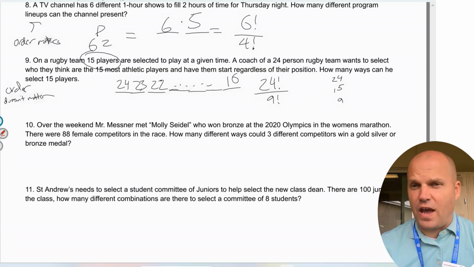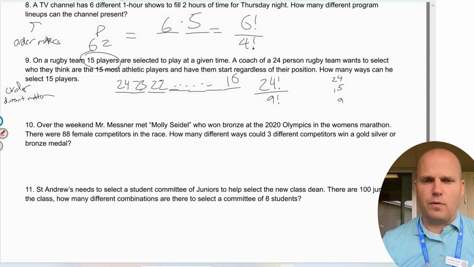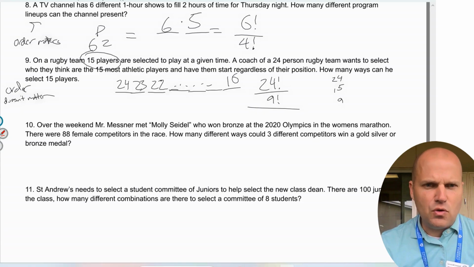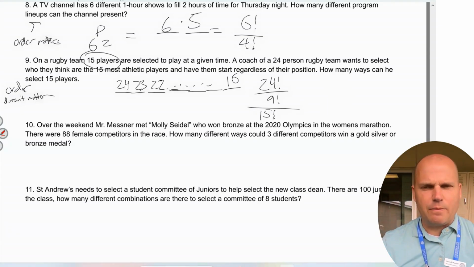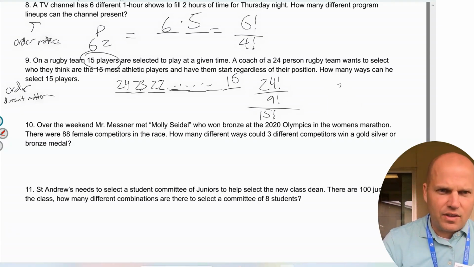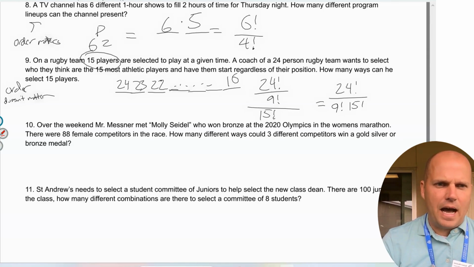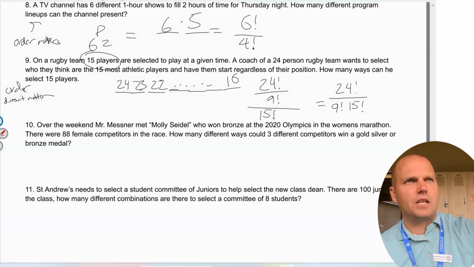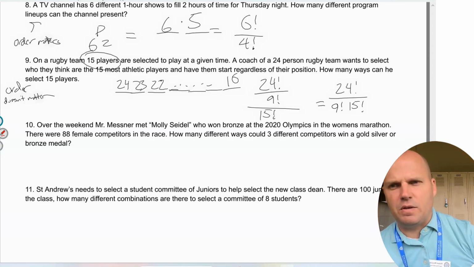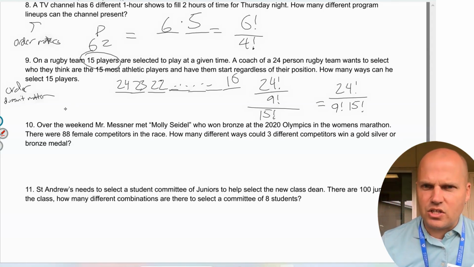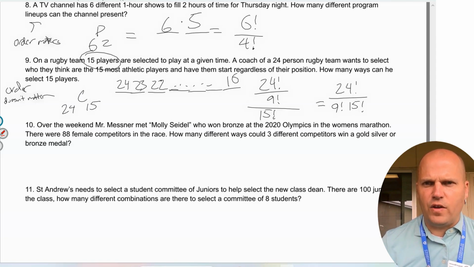Well, there's 15 factorial ways to pick a group of 15 players. You need to remove those 15 factorial ways to pick the same group of players. So you get 24 factorial divided by the 9 factorial that you're not picking and divided by the 15 factorial repeated ways to pick 15 players. This is a combination. This is 24 choosing a group of 15.